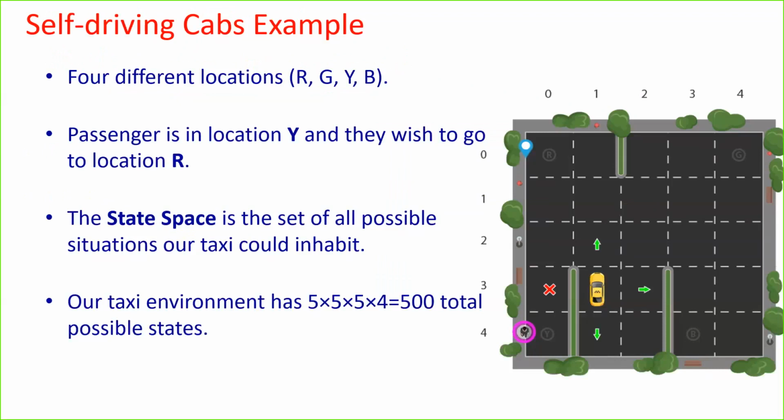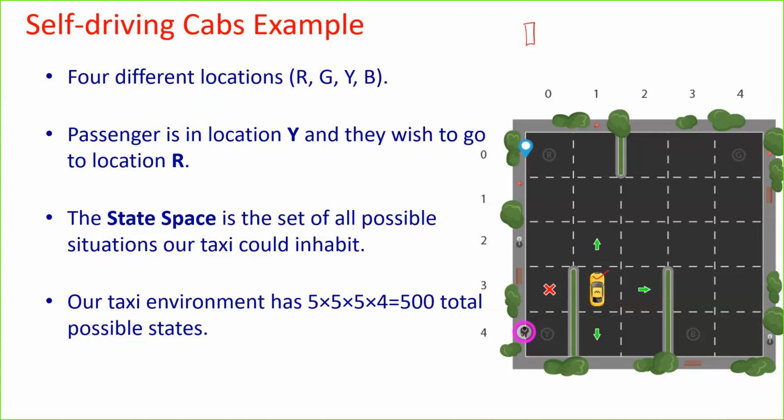This is a 5x5 grid we are working in. If there is a wall, it means it's an obstacle, which is indicated with a solid line in the figure, as you see there. It means the cab cannot move in this left direction, the west direction. The cab is indicated with a yellow solid rectangle.